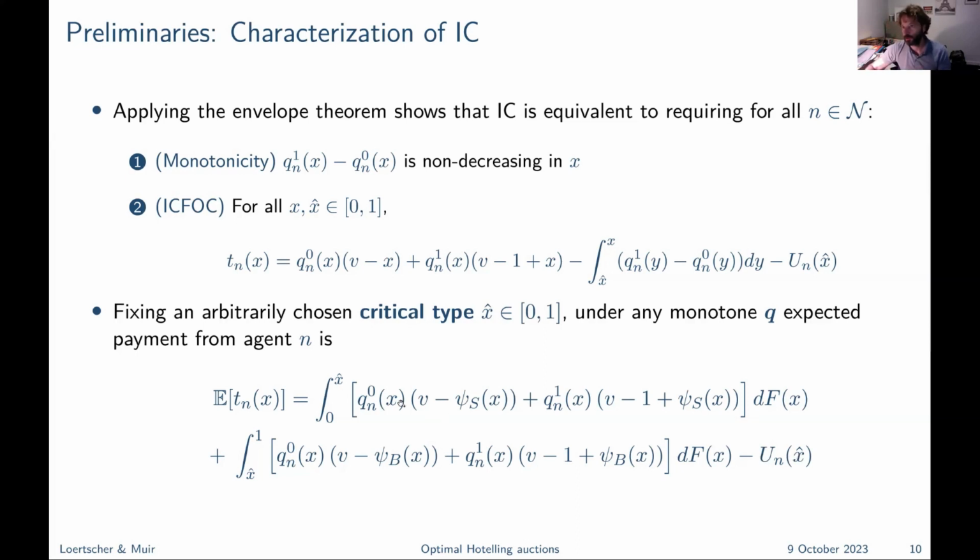So this is just the standard formula. It's a bit more complicated here because the allocation rule is two-dimensional. But this should be familiar for anyone who's seen some auction theory or mechanism design before.